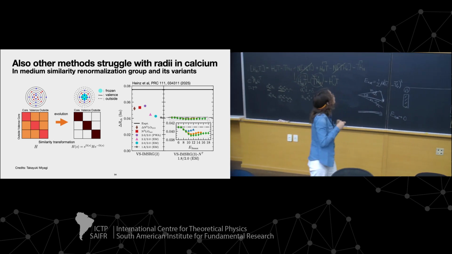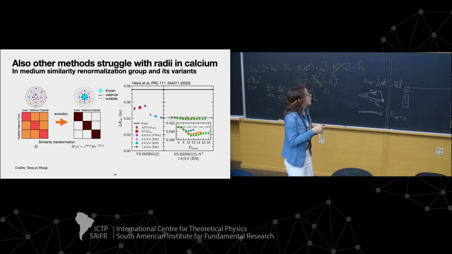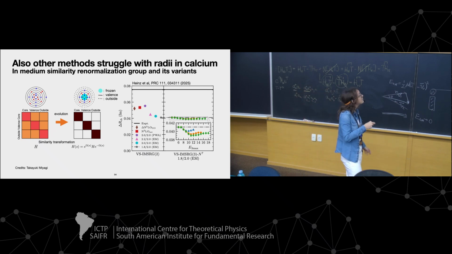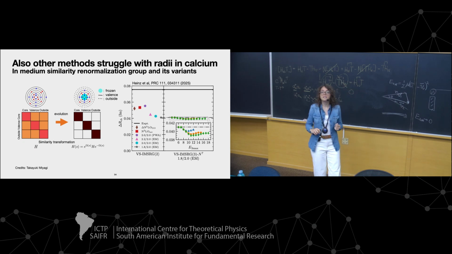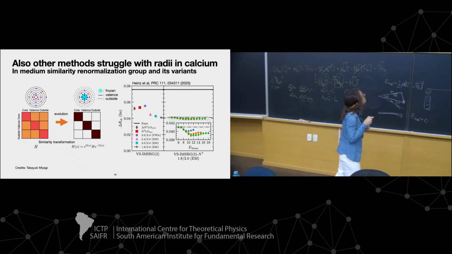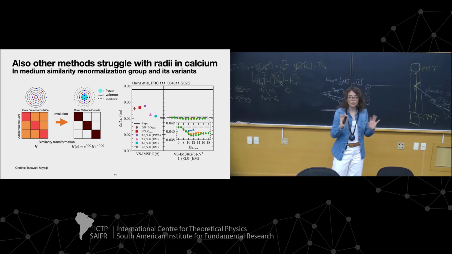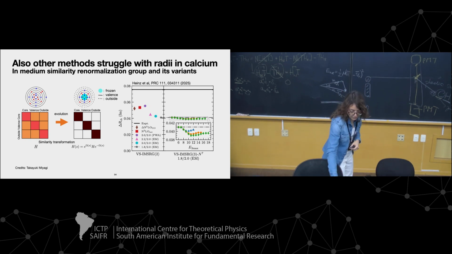This is not actually the problem. And here they tried to include in their framework also some triples excitations. So you can see this as kind of an equivalent of our CCSDT-1. And so you see that in this case, for a specific interaction, almost nothing changes with respect to the difference in radii. So this is still an open problem in nuclear structure.